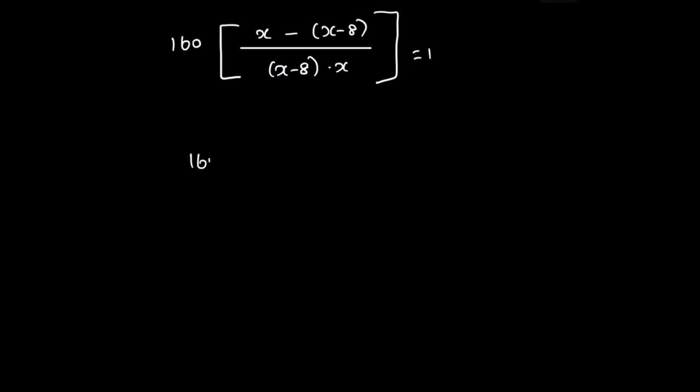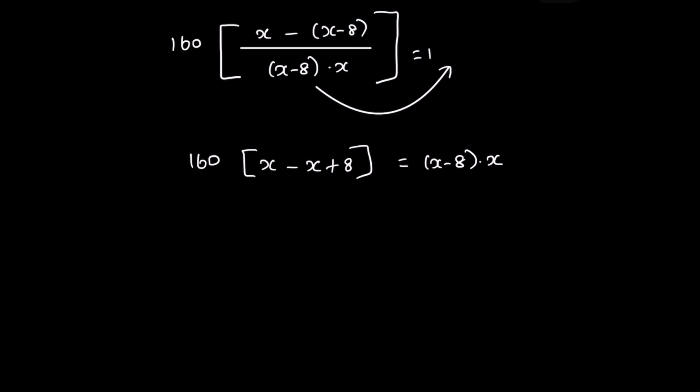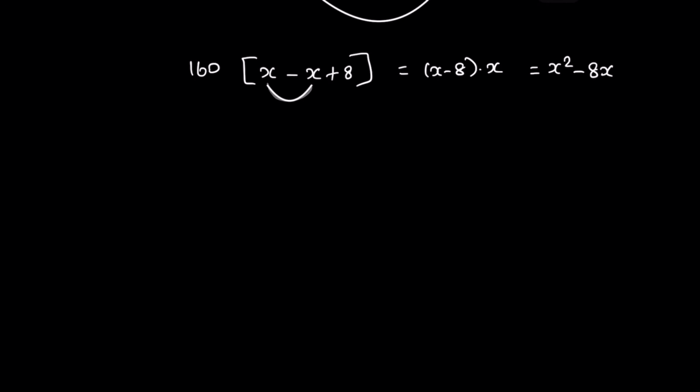Then 160 times x minus of x, then minus into minus is positive, so it is positive 8, and this part is moving to here. It is equal to x minus 8 times x. So after simplifying, x square minus 8x. In the like terms, x and minus x cancel.